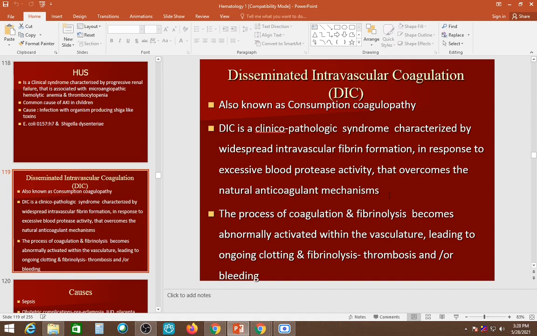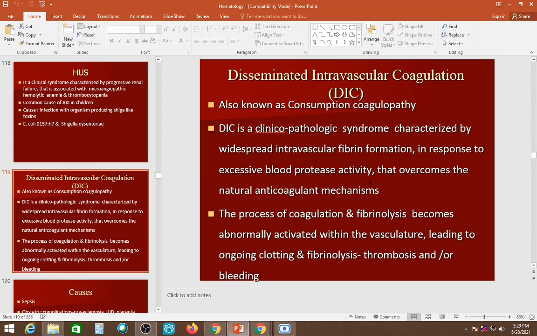This definition we have no other way, we have to know. The process of coagulation and fibrinolysis becomes abnormally activated within the vasculature, leading to ongoing clotting and fibrinolysis, resulting in thrombosis as well as bleeding.